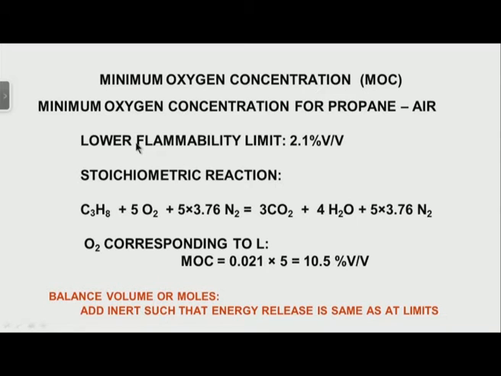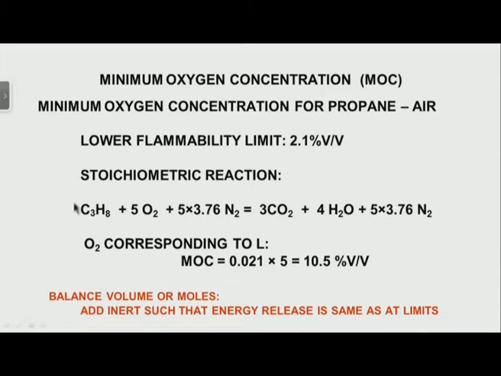In the problem which we have been talking about earlier, namely the lower flammability limit of propane air mixture, we said it is 2.1 percent volume of propane divided by volume of mixture. Therefore, if I have a stoichiometric reaction, what is it? In the lower flammability region, just greater than the lean flammability limit, I get completely burnt products of combustion. Therefore, I first write a stoichiometric reaction: C3H8 plus 5O2 plus equivalent amount of nitrogen gives me products.